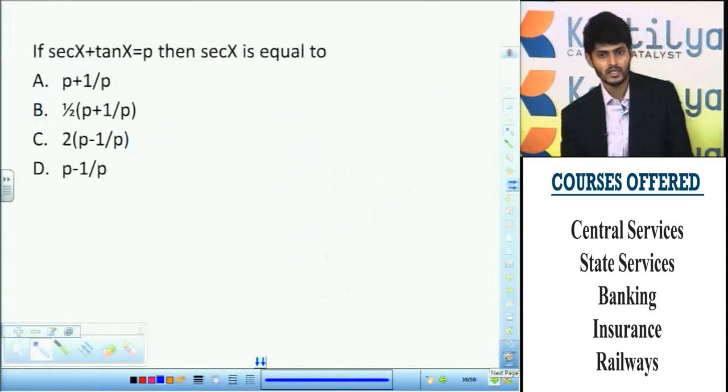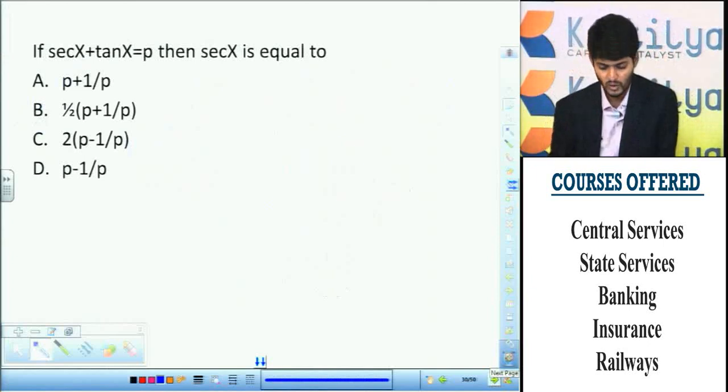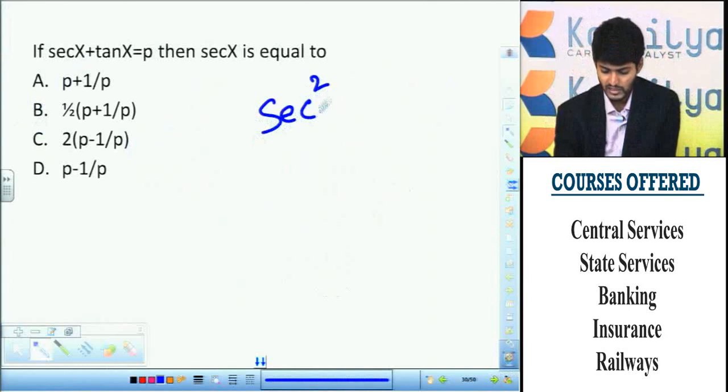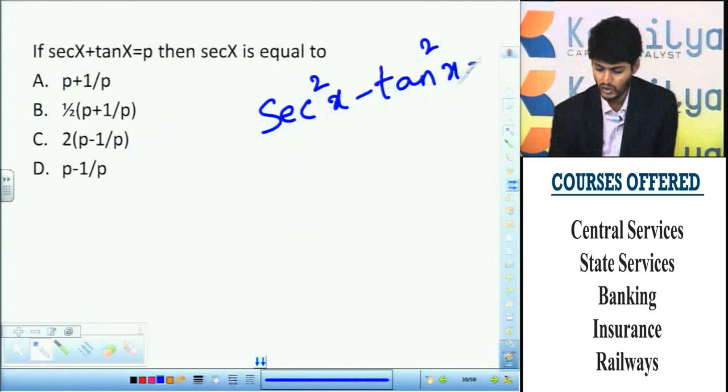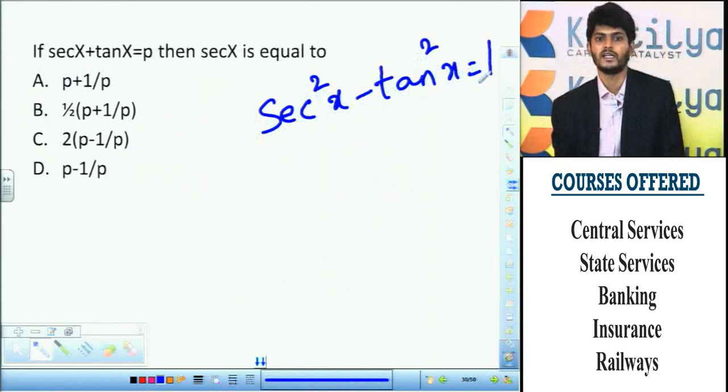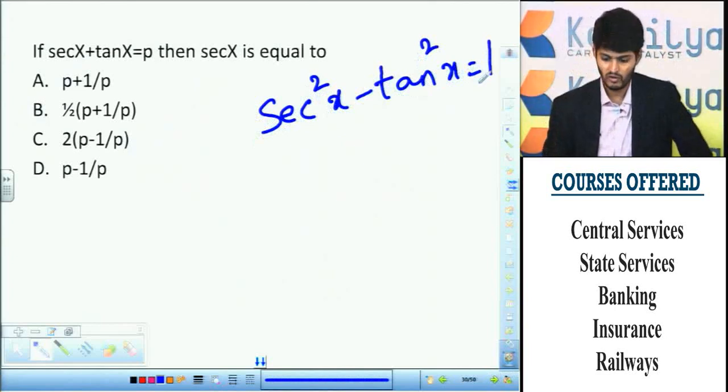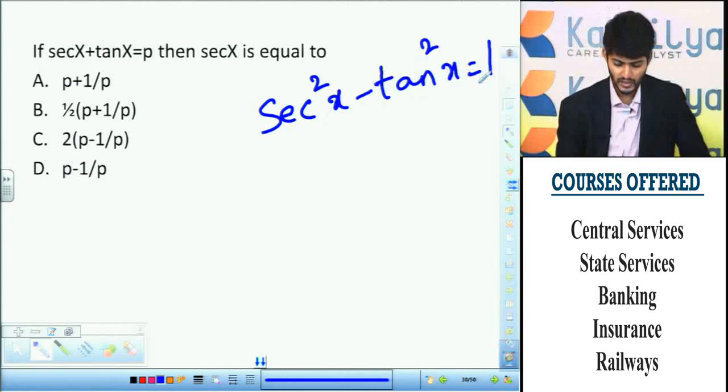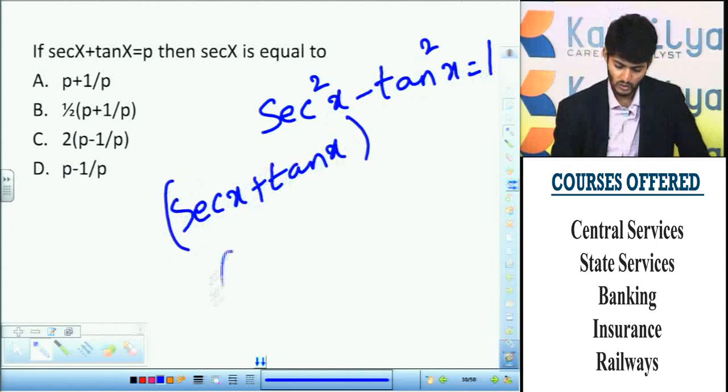Now again I am using another property in trigonometry. Secant x plus tan x is equal to p, so that I have clearly explained. The formula that we use is secant square x minus tan square x is equal to 1, where x is any value of theta. That means this is the formula of a square minus b square. You can write it as secant x plus tan x into secant x minus tan x.